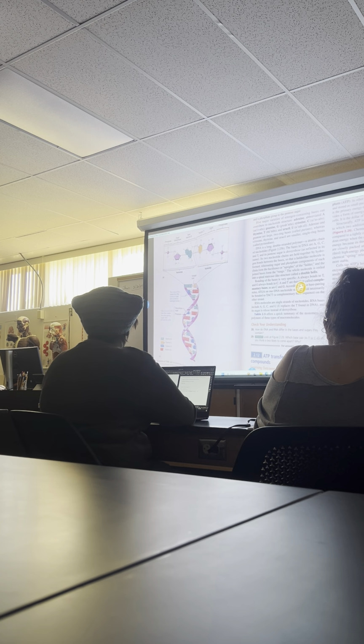We see a nitrogenous base with a pentose sugar with a phosphate. Isn't that what this and this and this is? Yes. So you mean that's all this is, a whole bunch of this nitrogenous base with a pentose sugar with a phosphate? Yes, and those are called nucleotides.